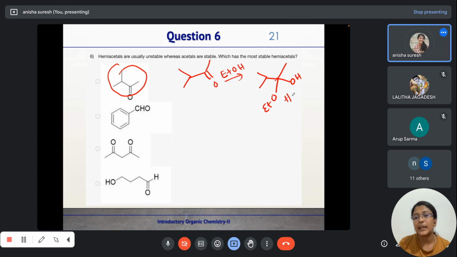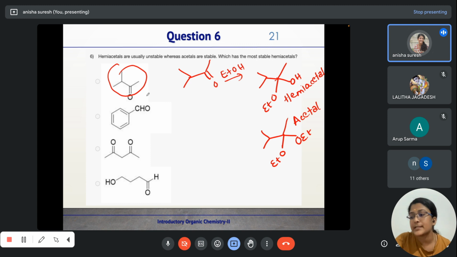So this is a hemiacetal. And if this OH is also replaced by OEt, this is called an acetal. So out of these four options, which one will form the most stable hemiacetal?